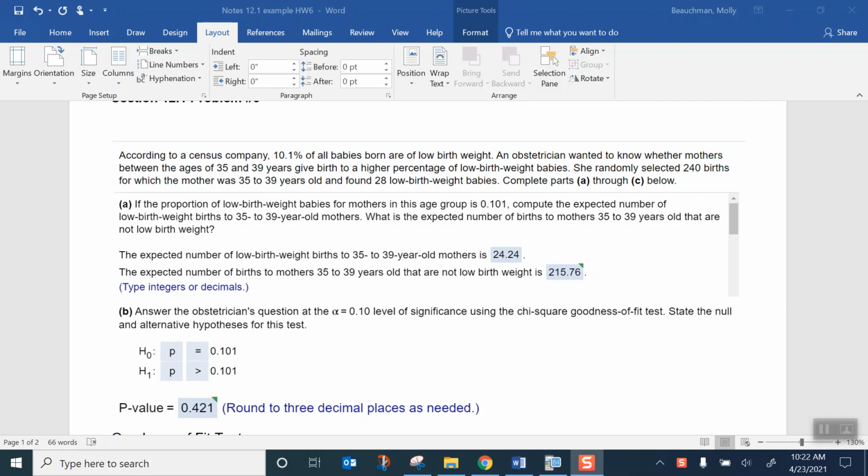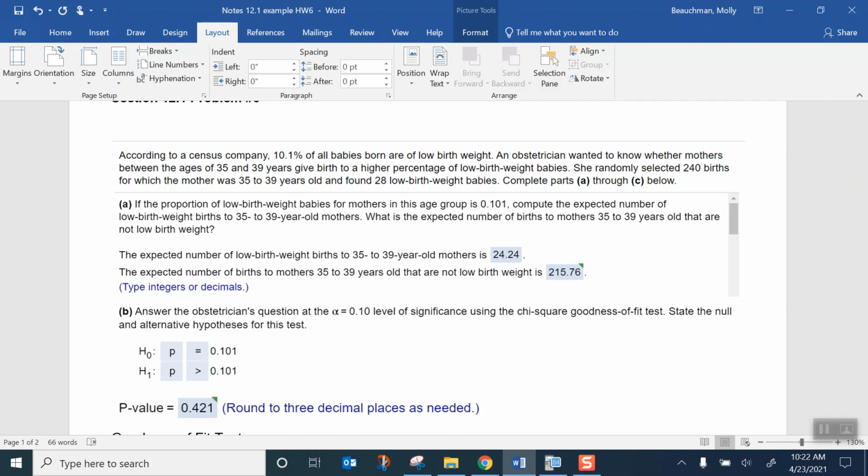So parts A and B are taking a look at solving this problem using ideas from section 12.1, which is a goodness of fit test. If the proportion of low birth weight babies for mothers in this age group is 0.101, compute the expected number of low birth weight births for 35 to 39-year-old mothers. Then what is the expected number of births to mothers 35 to 39 years old that are not low birth weight?